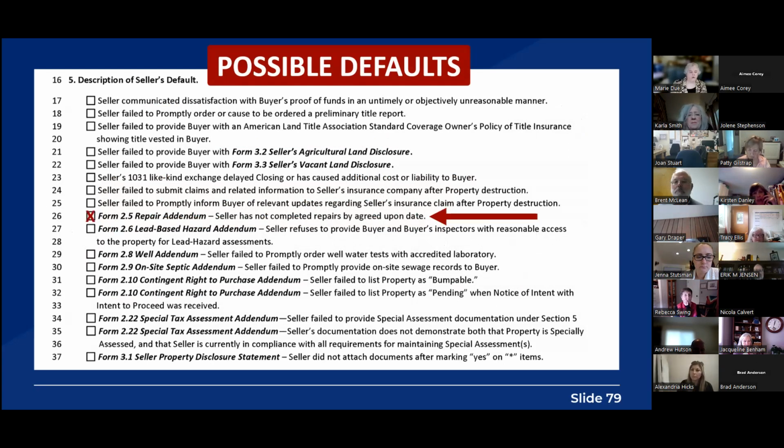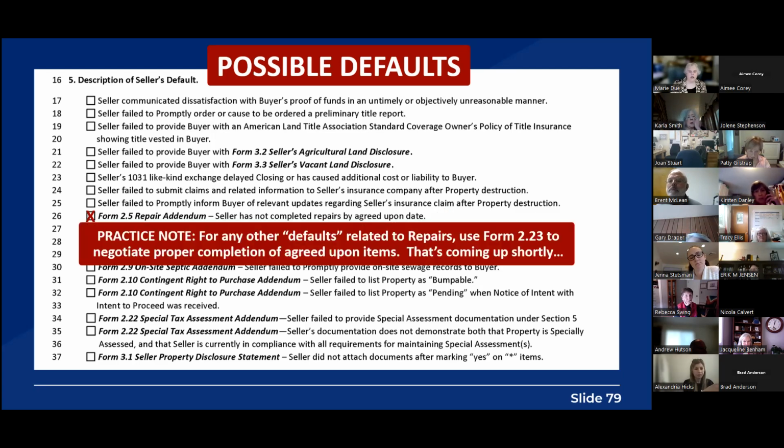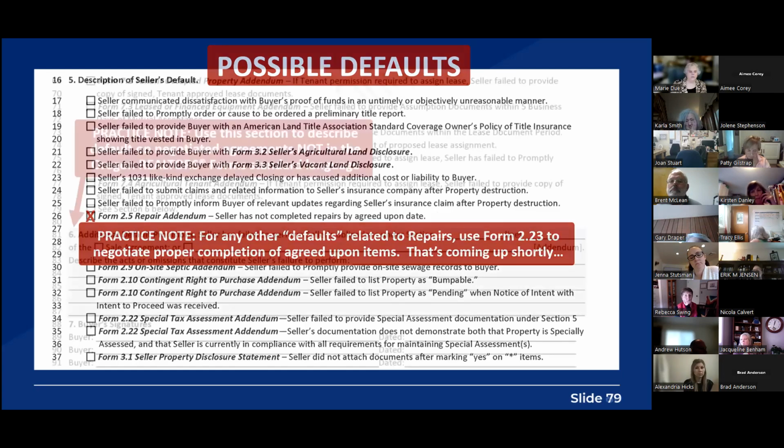For this one, we're going to be using line 26, form 2.5 repair addendum. Seller has not completed repairs by the agreed upon date. That's the one. But again, there's all these different things that the seller did not do, and the buyer is calling him out on it. And then we'll go through it.